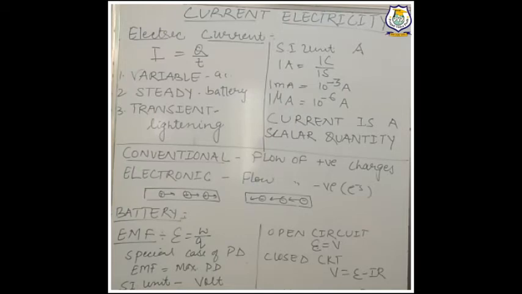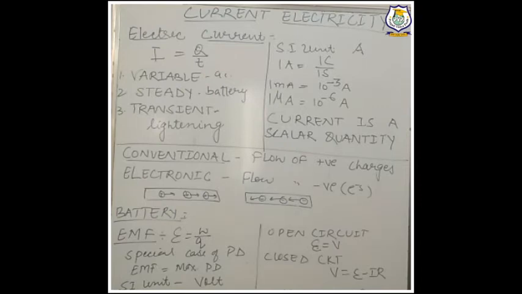Now we will discuss the unit of current. The SI unit of current is ampere. According to the formula, 1 ampere is equal to 1 coulomb upon 1 second. So here we can easily have the definition of 1 ampere, which you have studied in 10th also.